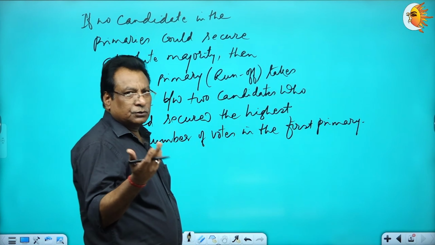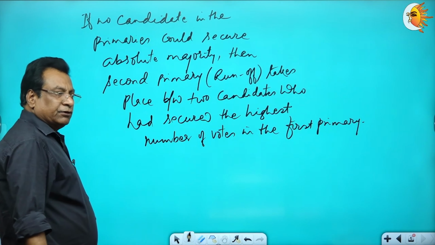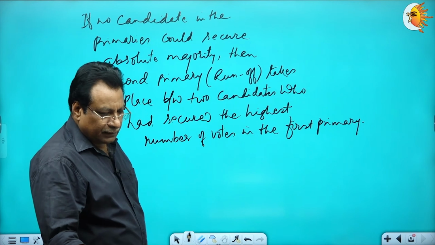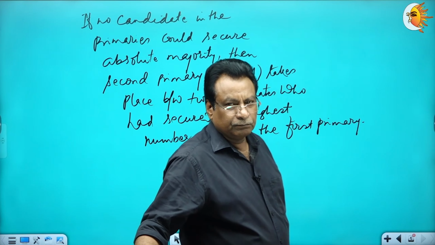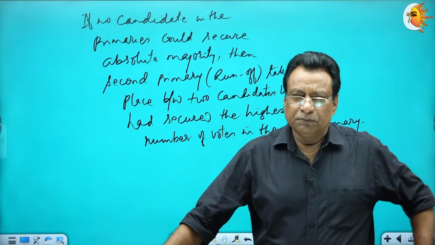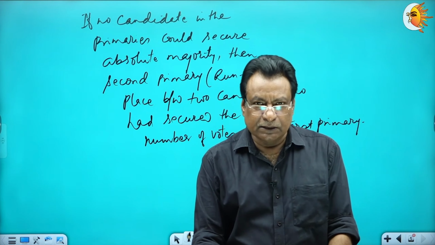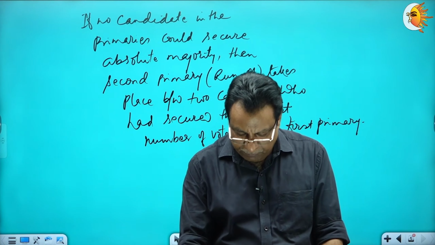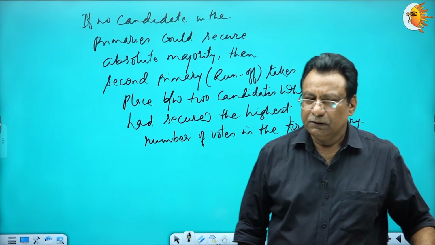And then the person who secured the highest vote, he will be declared elected, and that is what we say, he will become the party nominee. That is the type of election we say primary.